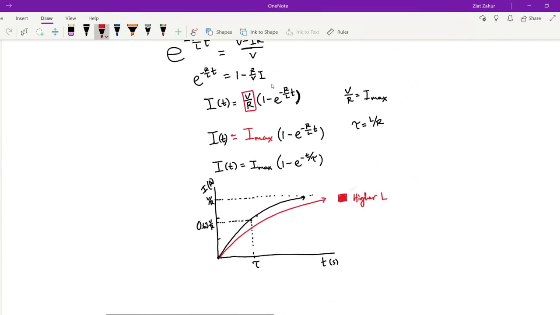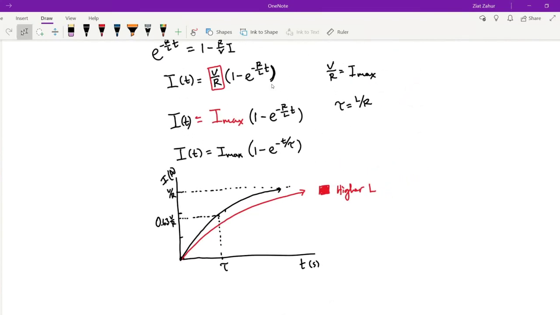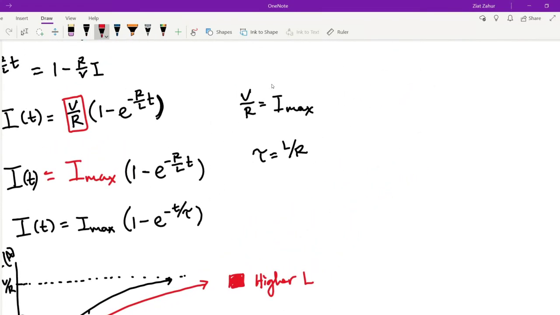Or just look at the time constant. The time constant tells you how long it takes for you to charge it up to 63%. So if L is bigger, then it's going to take a longer amount of time to charge up to 63%.